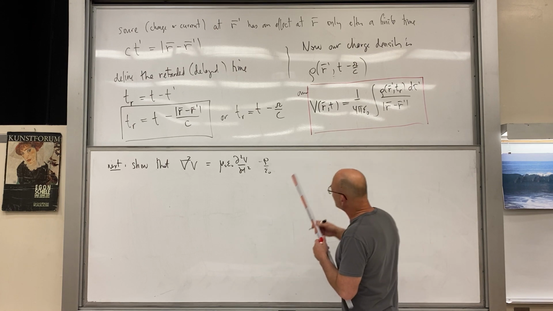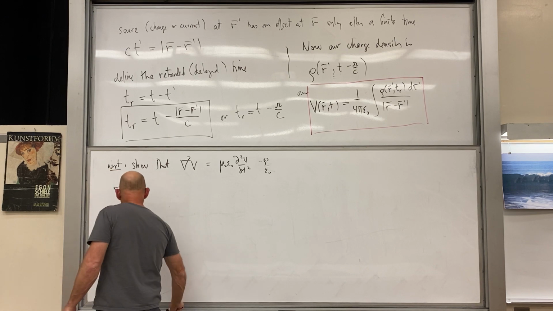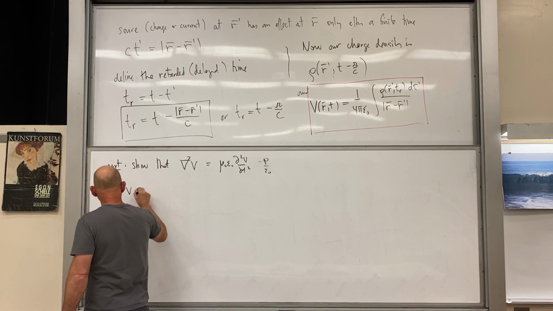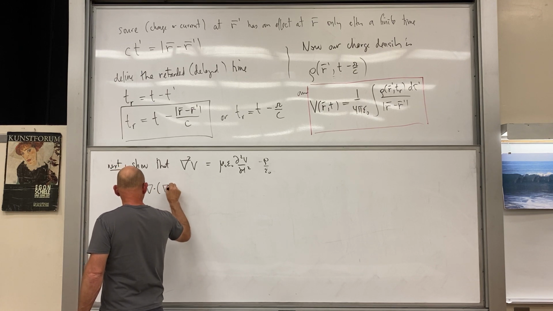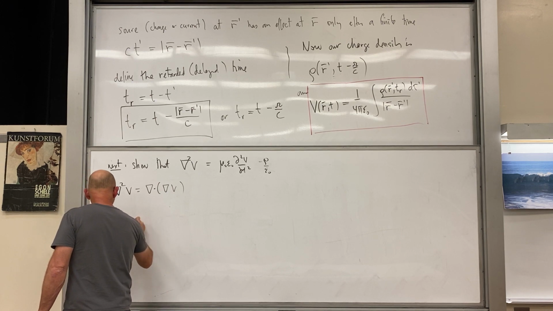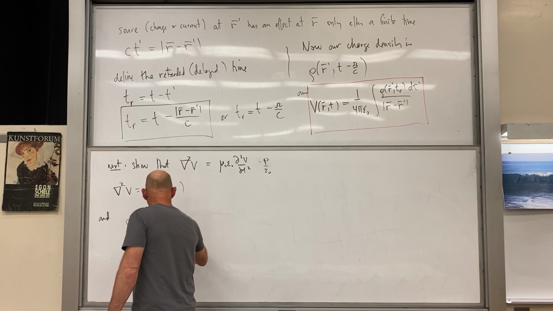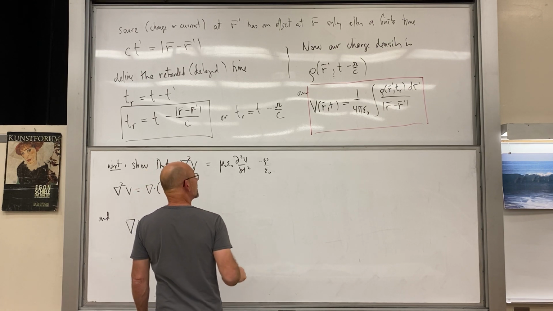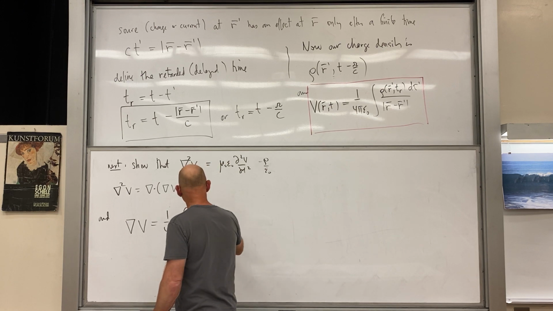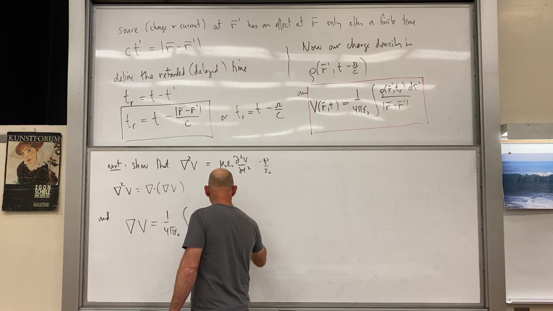So the first thing to do is the gradient. So del squared V is equal to the divergence of the gradient of V. And the gradient of V right here would be 1/4 pi epsilon naught, and then go into there. So we would have rho times the gradient of 1 over the magnitude of r minus r prime, d tau prime.